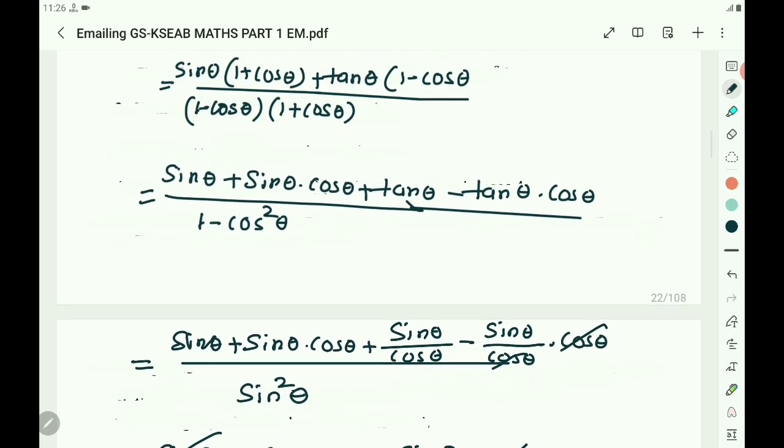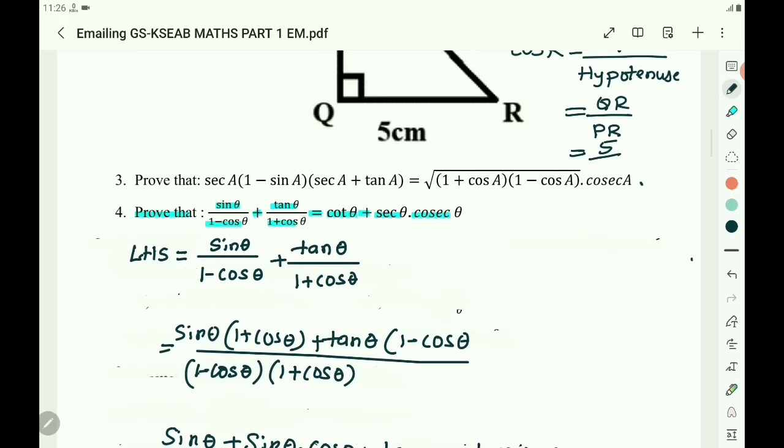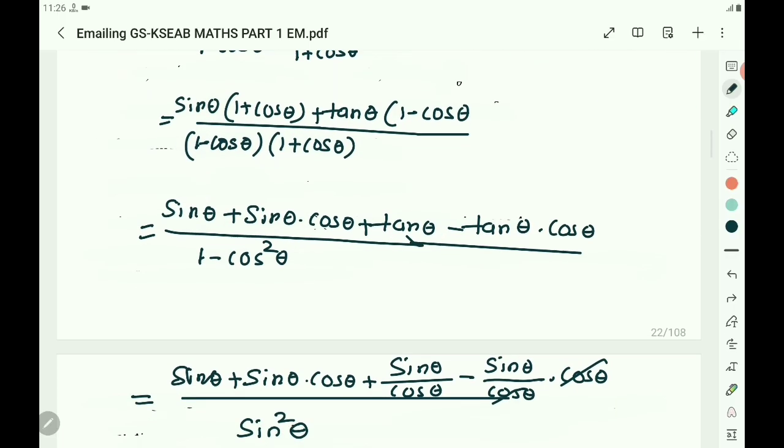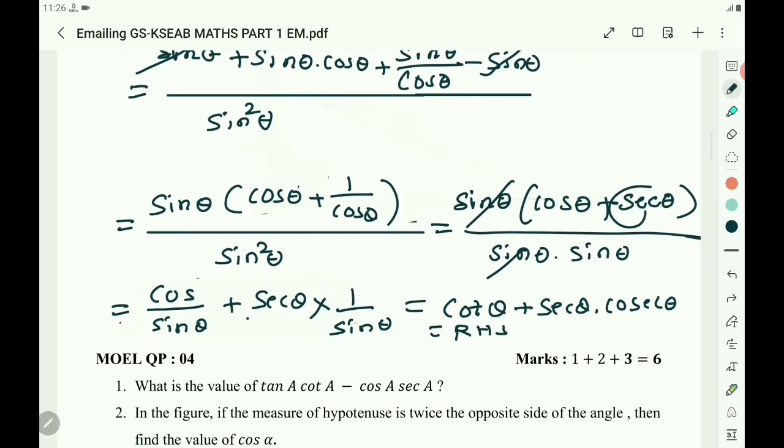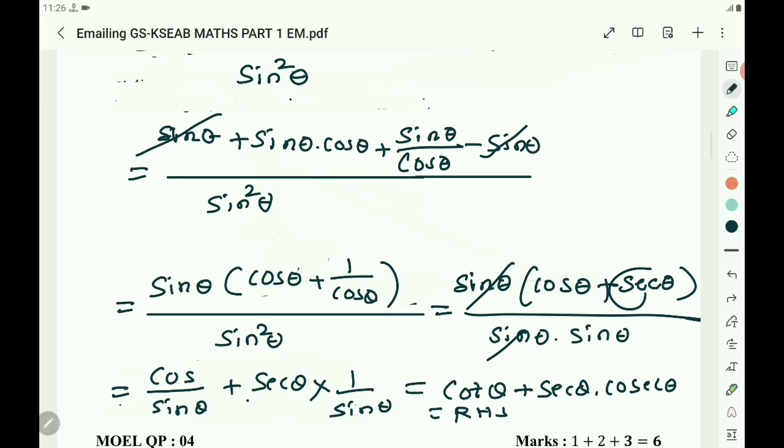You got that? Sin theta by 1 minus cos theta plus tan theta by 1 plus cot theta is equals to cot theta plus secant theta into cosecant theta. Here you got the RHS. Cot theta plus secant theta cosecant theta. That is the RHS.